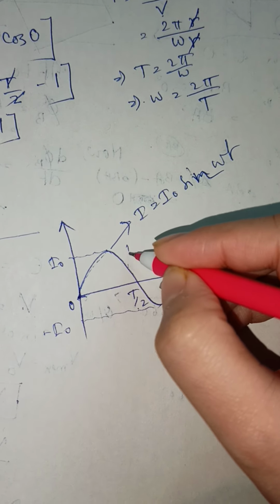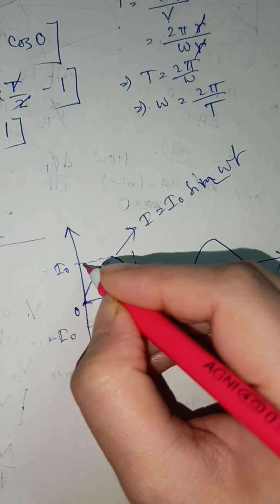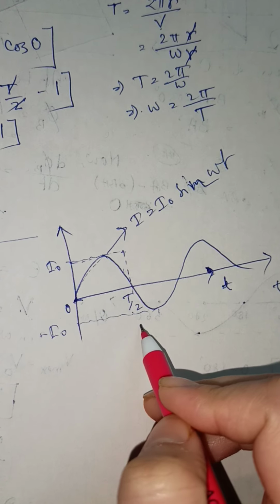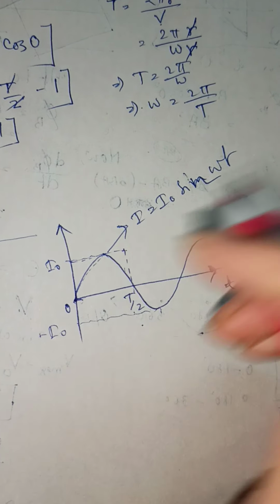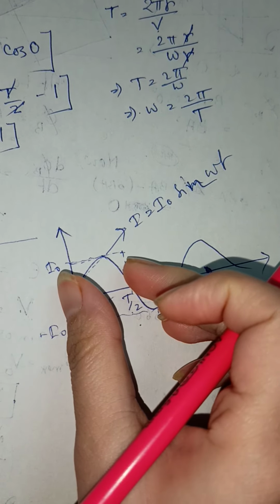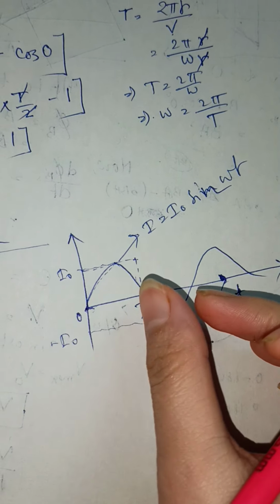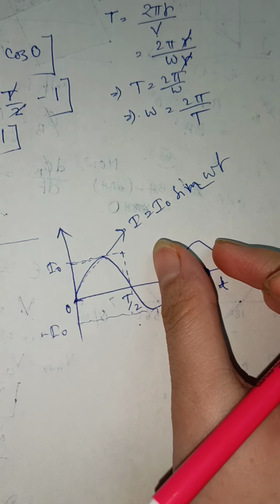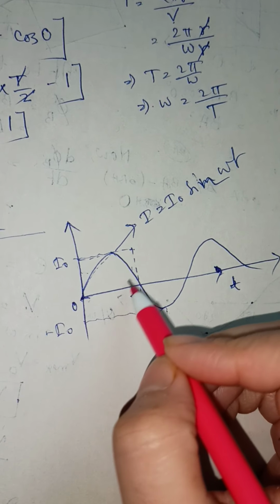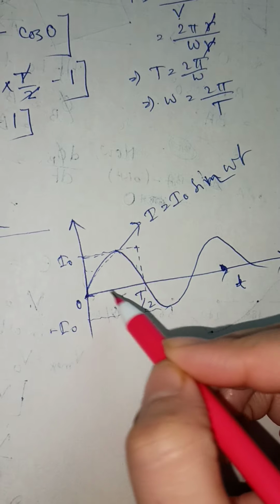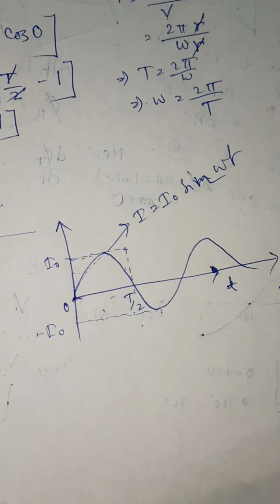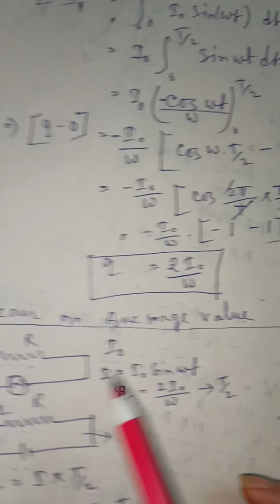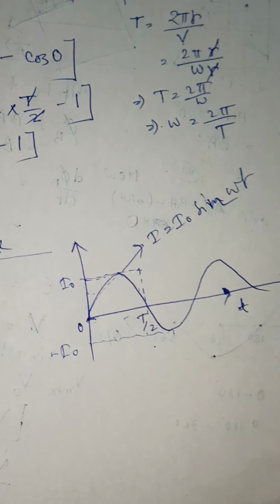So to find the average value between 0 and T by 2, because this one is continuously repeated, if the average value of this current is I, then the average value of current is also I. So if we want to find the average value of this part, then we can say that the average current for AC is this, right?